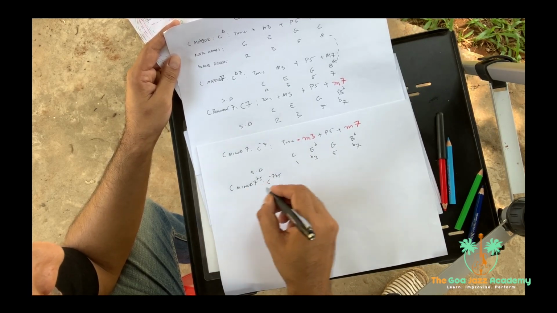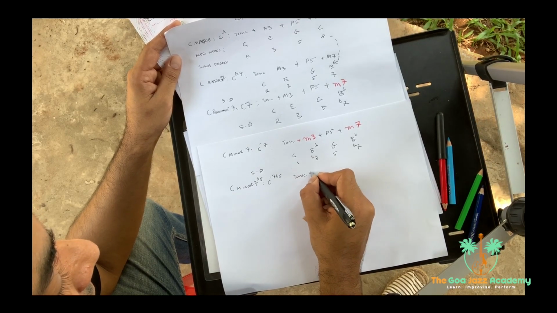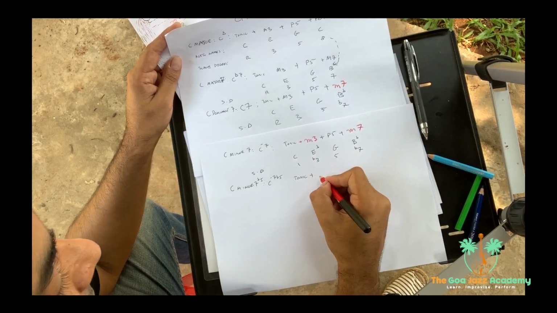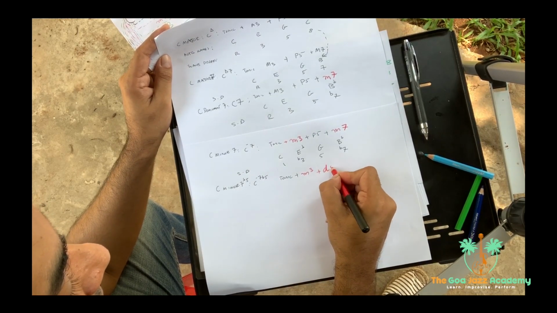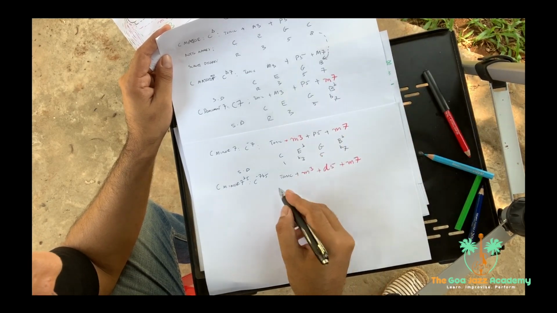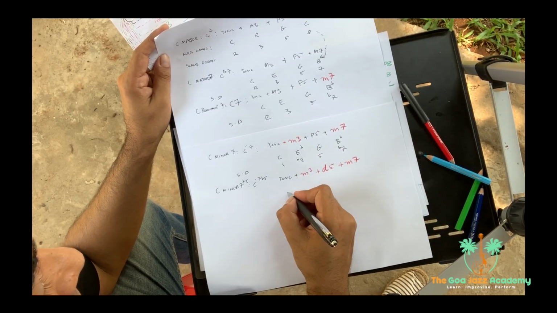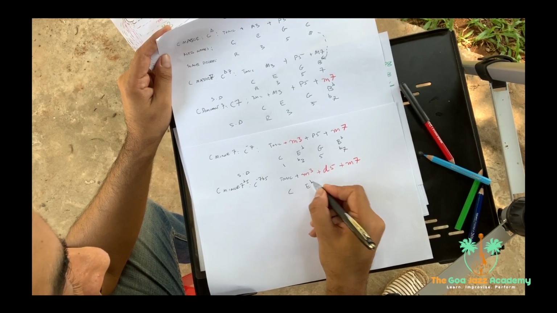Okay, now the formula for C minor 7 flat 5 is this. It's tonic, then you have a minor third, then after that you have something called a diminished fifth, and then minor 7th again. So again, if we're starting from C, the minor third we know from our minor chord, it's just E flat.